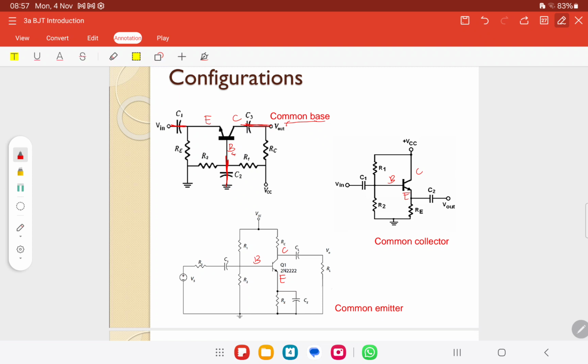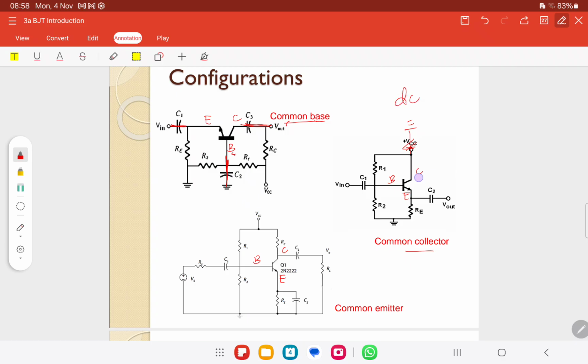Okay, for the common collector, this one is considered a voltage source, we consider it connected to the ground, or it has no value, so it becomes ground for DC analysis.